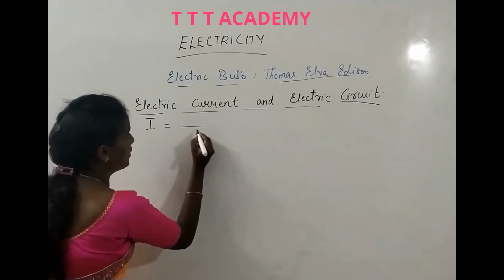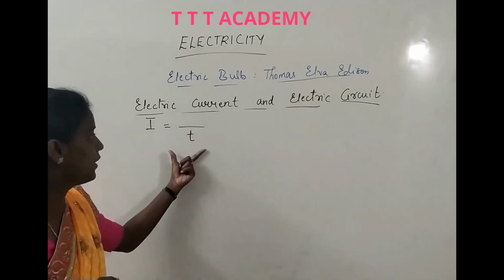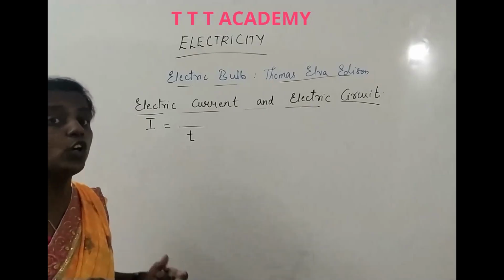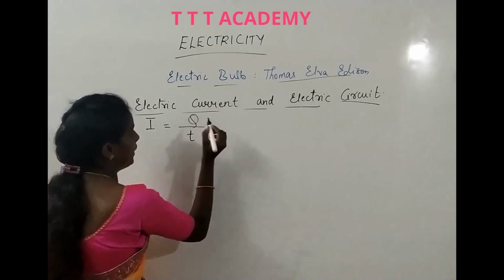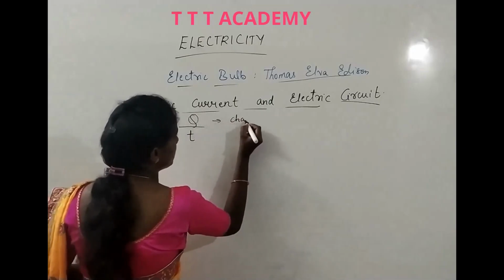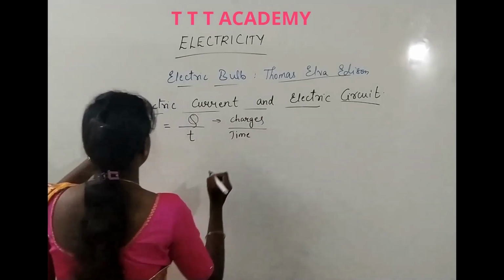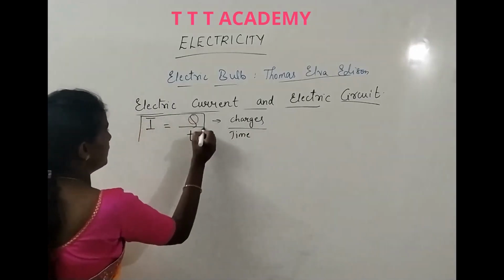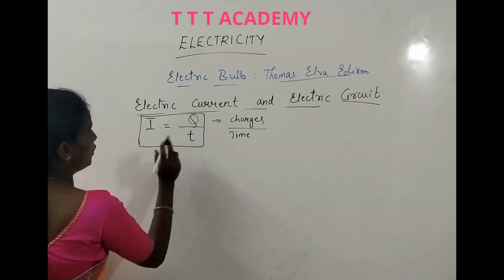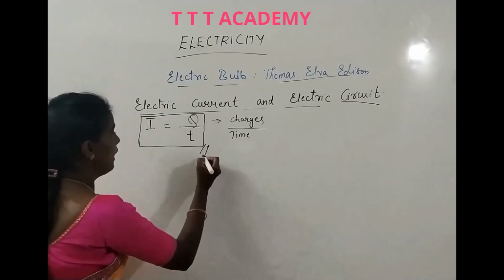The rate means with respect to time, so in the denominator we write T, and charges means Q. So charge with respect to time is nothing but electric current. So the formula for electric current is I equals Q by T.